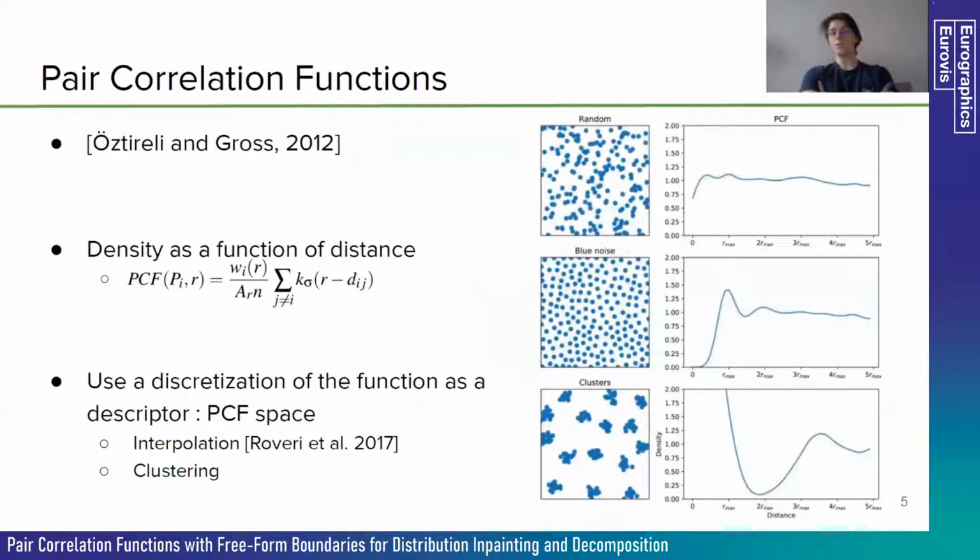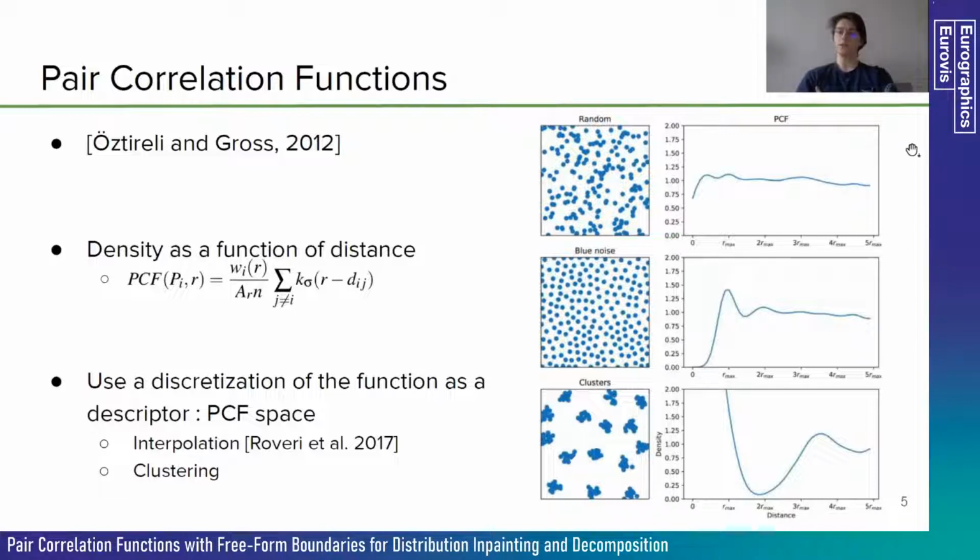In recent works, a more popular choice of descriptor is the pair correlation function, or PCF. It's a function from particle physics that was introduced in graphics in 2012 by Öztireli and Gross. This is a function that for a given point expresses density as a function of distance to this point. And this can be used to describe a point in a point cloud, or, when averaged over the whole point cloud, as a descriptor for the distribution itself.